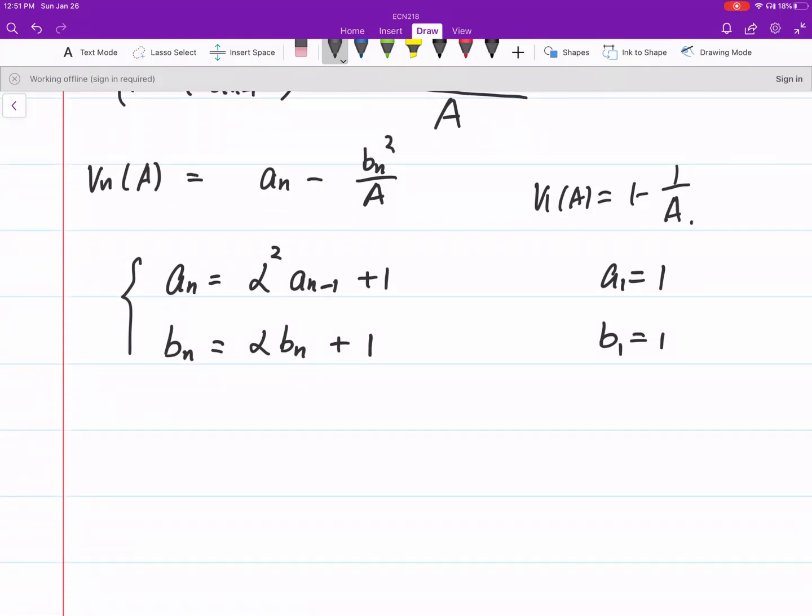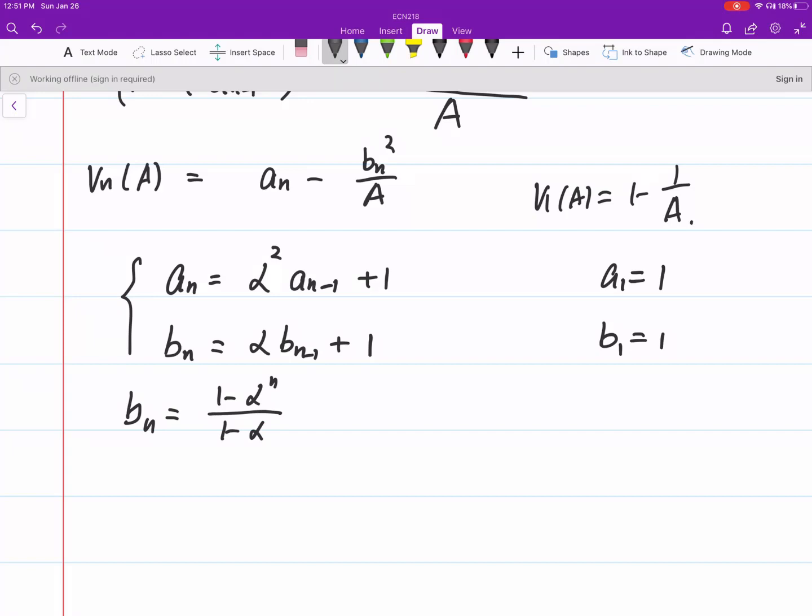Now, when you look at these two recurrence relations, we realize we have solved them before. And I'm going to skip this step because we already know in the past how to solve it. And for b_n, especially, that's going to be the easiest. b_n, this is minus 1. Okay, so b_n is going to be equal to 1 minus alpha to the n over 1 minus alpha, right?